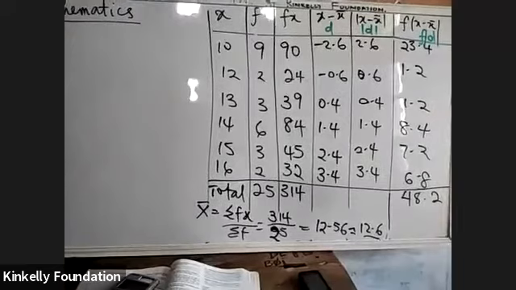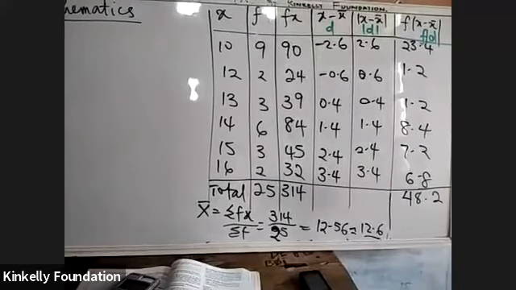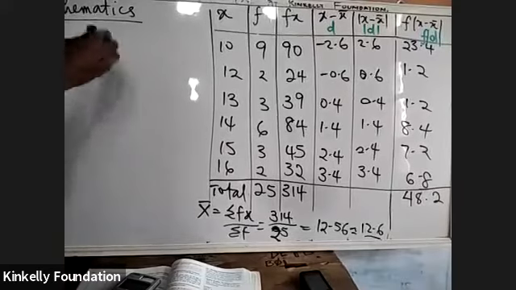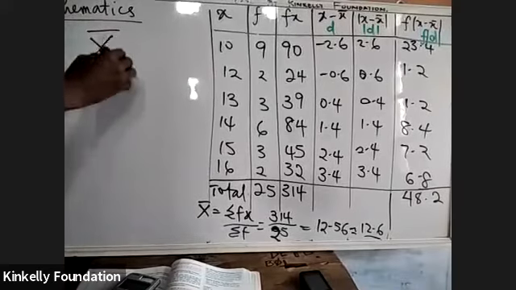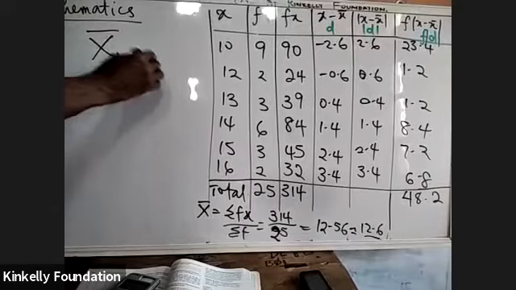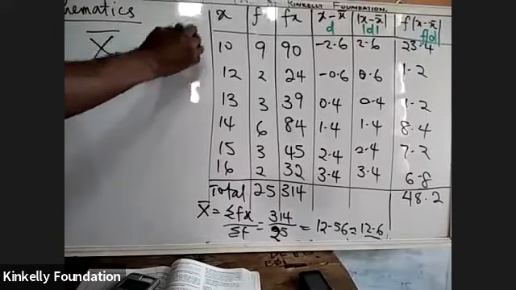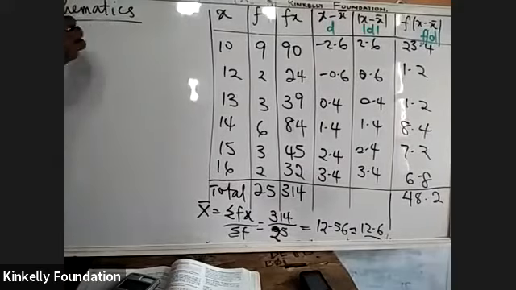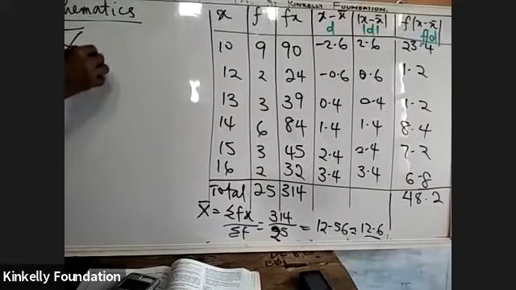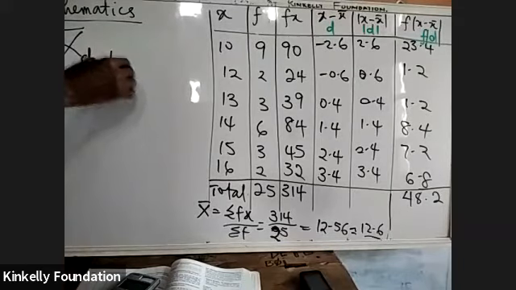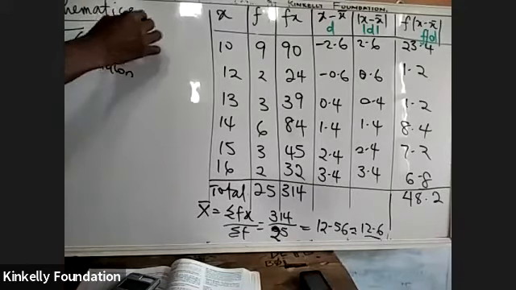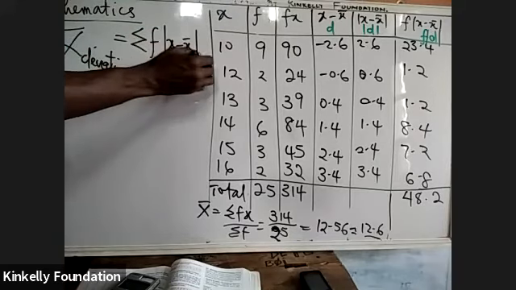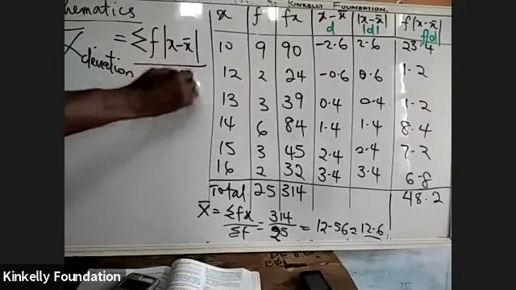We now have that our mean deviation, S bar deviation, will be the summation of F. Let's write it boldly. The mean deviation will be the summation of F times the deviation, all over the summation of F.